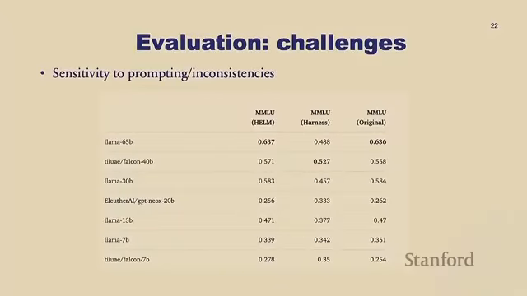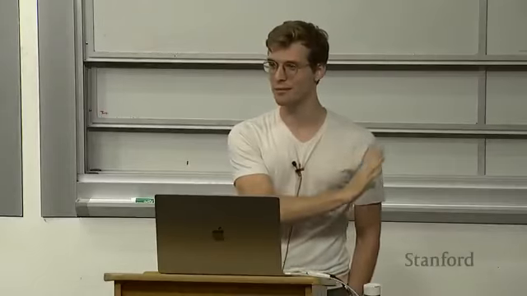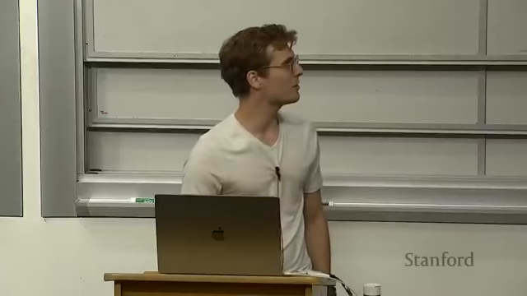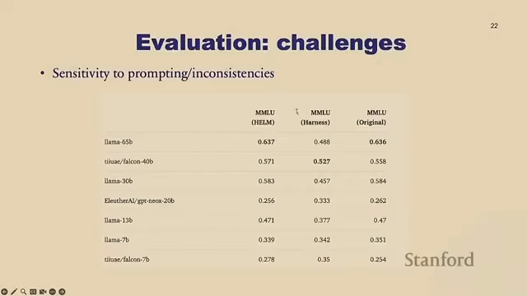Okay, so evaluation challenges, there are many. I'll just talk about two really briefly. One, as I told you, there are two ways of doing evaluation for these MMLUs. Actually, there are many more than two, but I gave you two examples. And it happens that for a long time, even though that was a very classical benchmark that everyone used, different companies and different organizations were using different ways of evaluating MMLU, and as a result, you get completely different results.